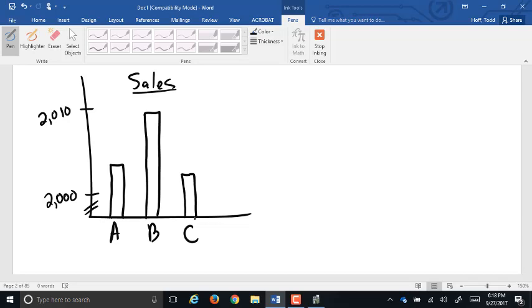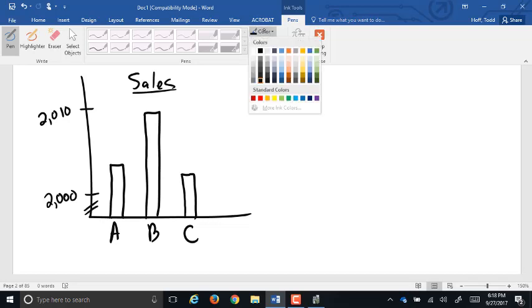It looks like it's almost twice as much, doesn't it? If you look closely, though, what do you see?